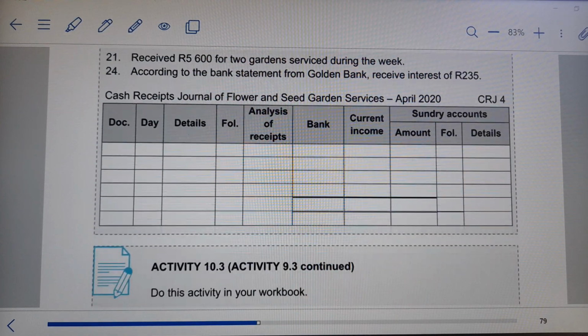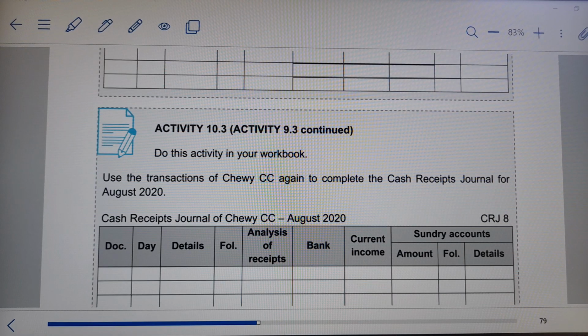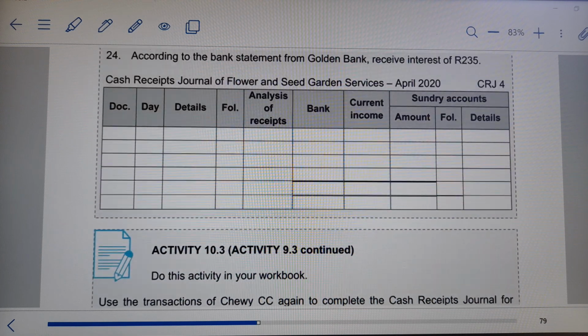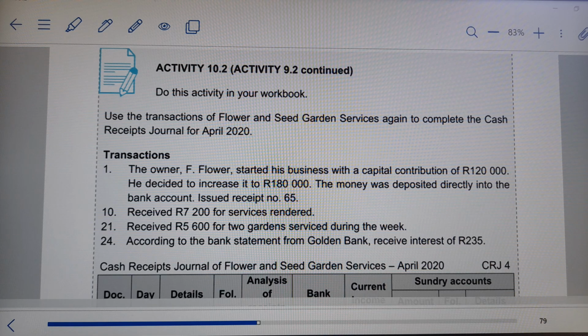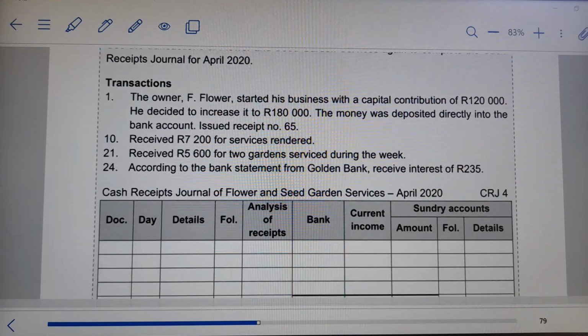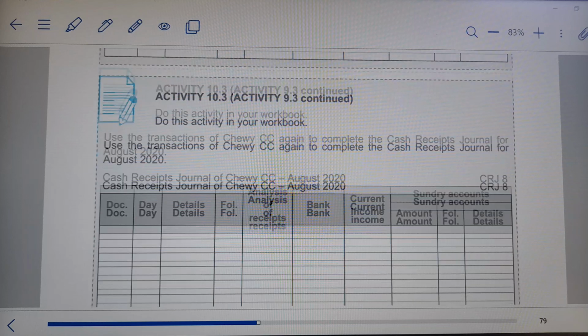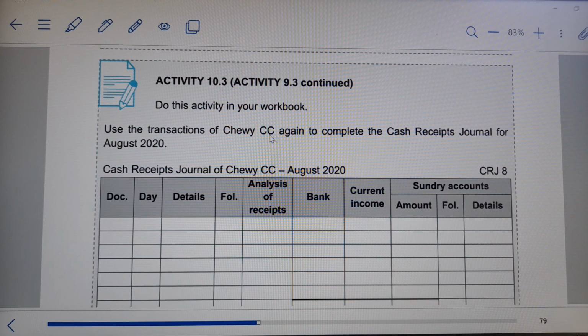And for activity 10.3, they say use the transactions of Chewy CC to complete the cash receipt journal for August 2020. Okay, you see it says August. Where is Chewy CC?